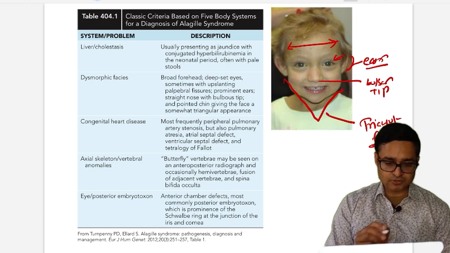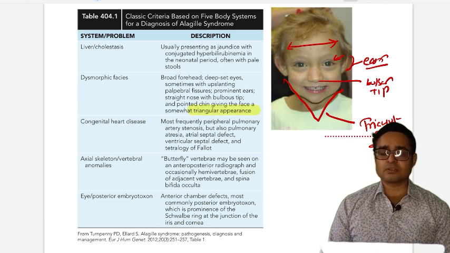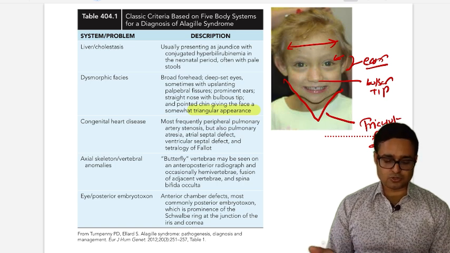This triangular face has been asked multiple times, so just remember triangular face. If you can remember the other facial features, that is good. But triangular face is pathognomonic or characteristic of Alagille syndrome.